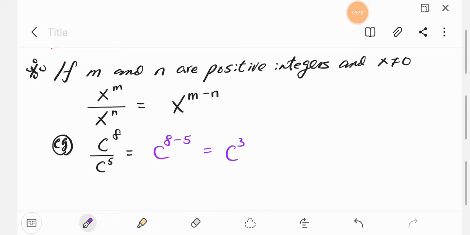Okay. So this is the quotient of 2 exponential expressions with the same base, right? Same base. Then subtract the exponents. So if the bases are different, then you cannot subtract. As long as the bases are the same, then you can subtract the exponents.